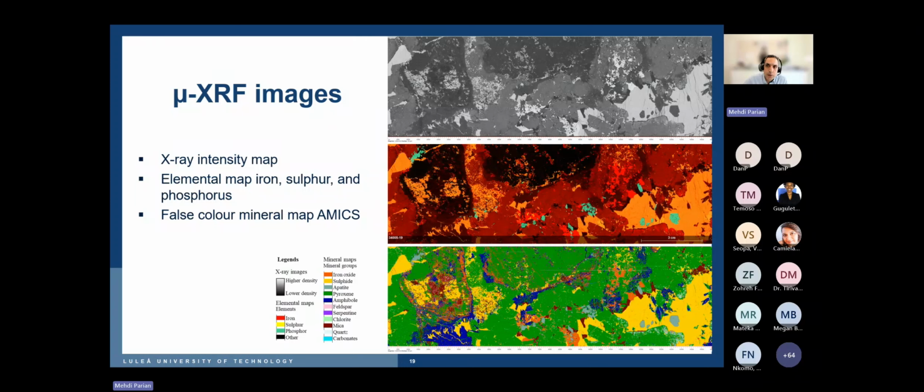For each half core, we generated an X-ray intensity map. This is analogous to the BSE image that we get from SEM, meaning heavier elements appear brighter while lighter elements appear darker. We then created the elemental maps we see in the middle. Finally, we generated a mineral map based on the spectral data for each point to visualize the mineral distribution.